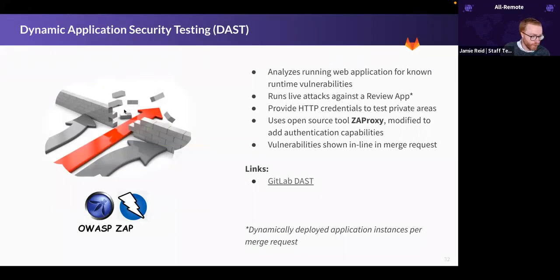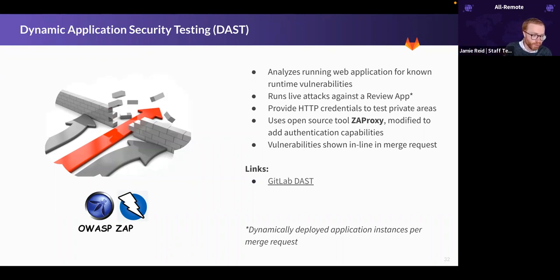We also offer dynamic application security testing, formerly based on OWASP's ZAP, the Zed Attack Proxy. And what this does is it analyzes your running web application for known runtime vulnerabilities. So what this will do is it'll run against a review app, which is a running copy, short-lived, of your application, perhaps deployed to a Kubernetes cluster, but there's some optionality in how review apps work.